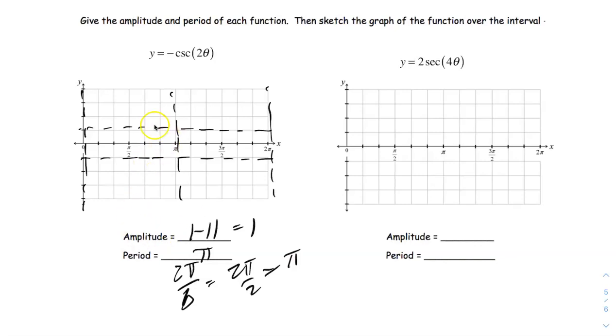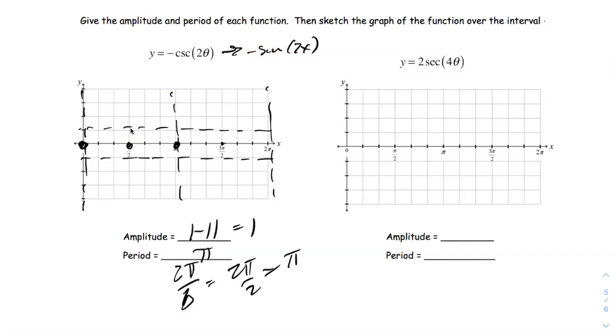So this little box right here is where my cosecant graph is. Actually, where my opposite cosecant sine graph is. So let's draw a sine graph. Remember, sine starts at the origin, so it starts right here, ends at the origin, halfway in between.